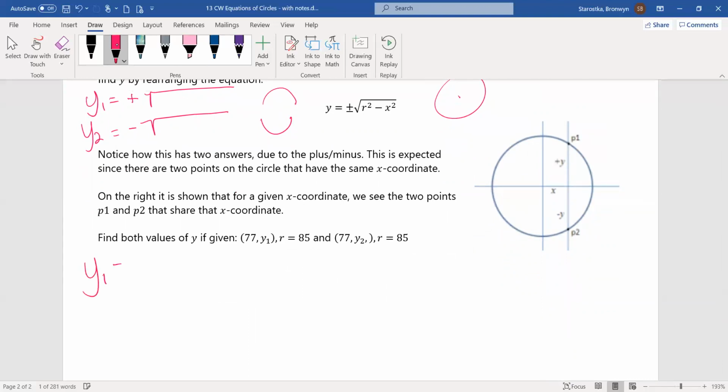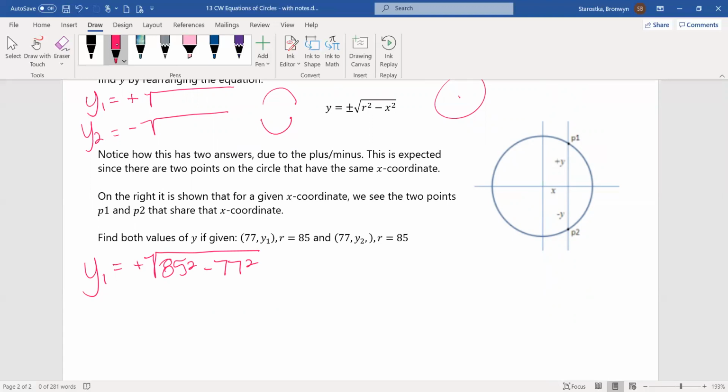y1 equals the positive square root. So what is our equation? r squared minus x squared. That makes sense: hypotenuse squared minus a leg squared. So the radius is 85 squared minus x, 77 squared.